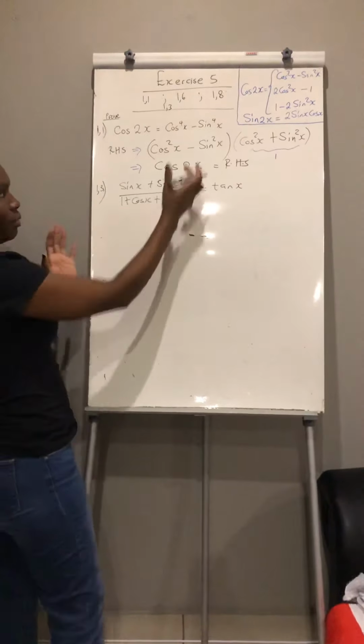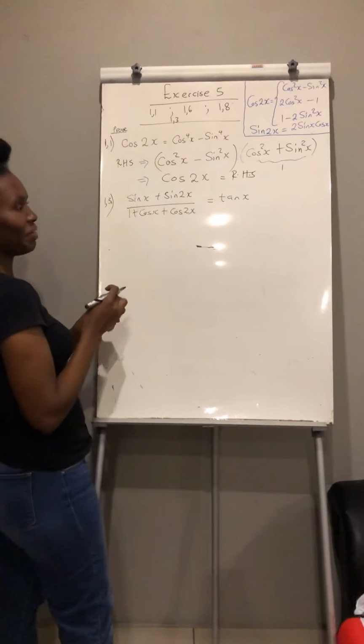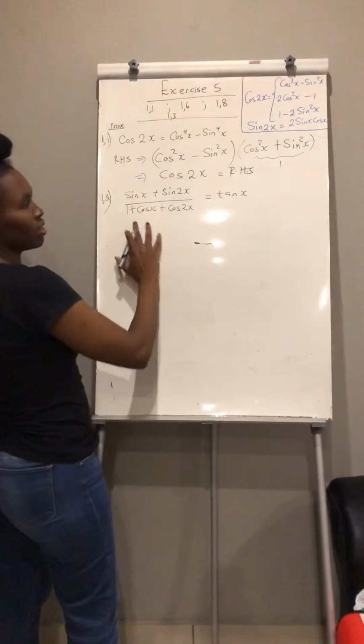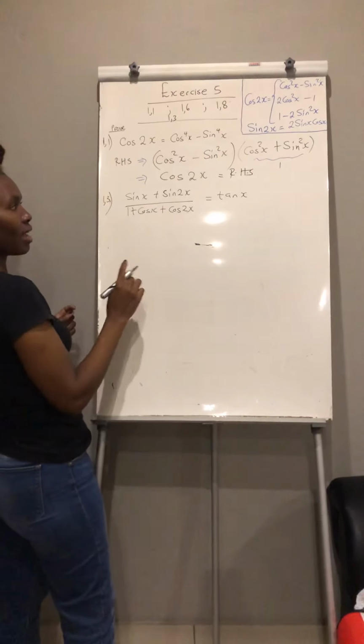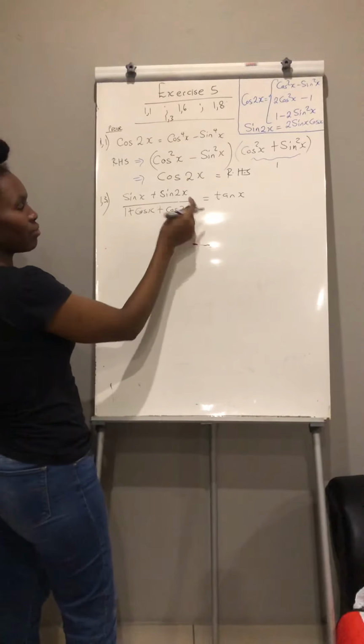Notice, in the previous one we started with the right hand side, coming back to the left hand side, but most of the times you'll see that these identities are solved by first of all simplifying the left hand side, the place where there are higher degrees of angles. So we want to simplify this until it becomes tan x. But you have to remember what tan x is, so you won't work blindly.